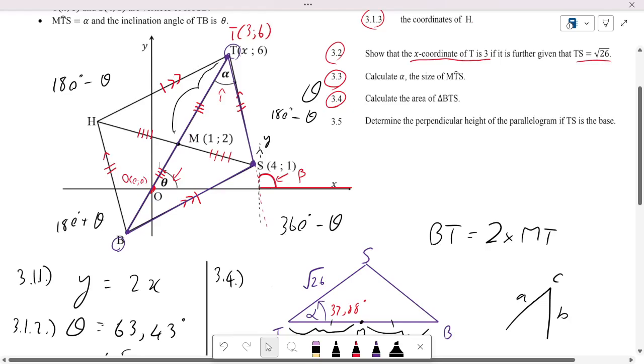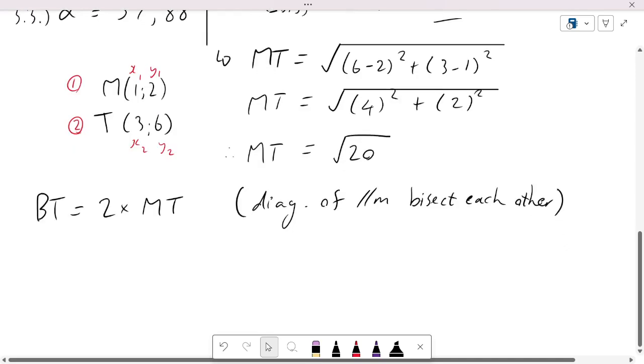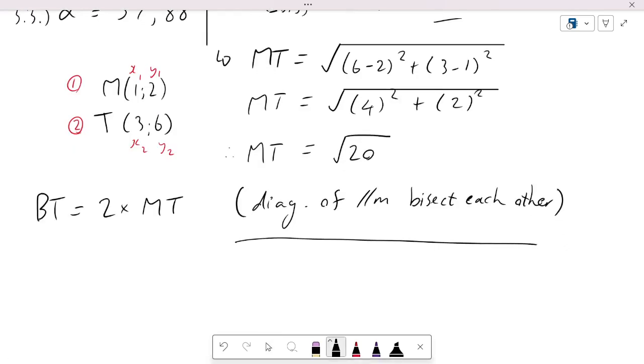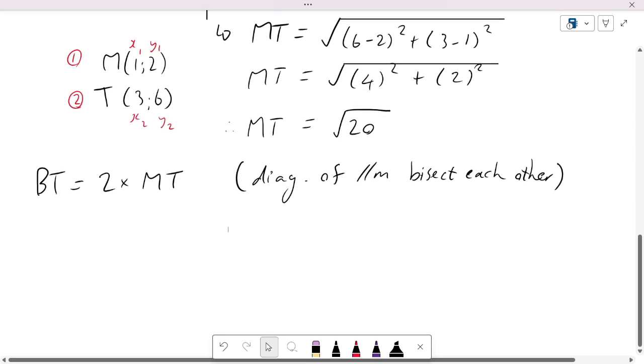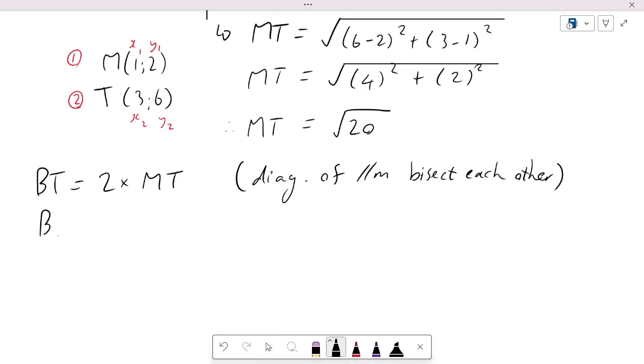We're using the one with the sides, and that one states that the diagonals of a parallelogram bisect each other. So that's the property that we use. Now we can just substitute. BT is going to be equal to 2 multiplied by root 20, which we can just write as 2 root 20.